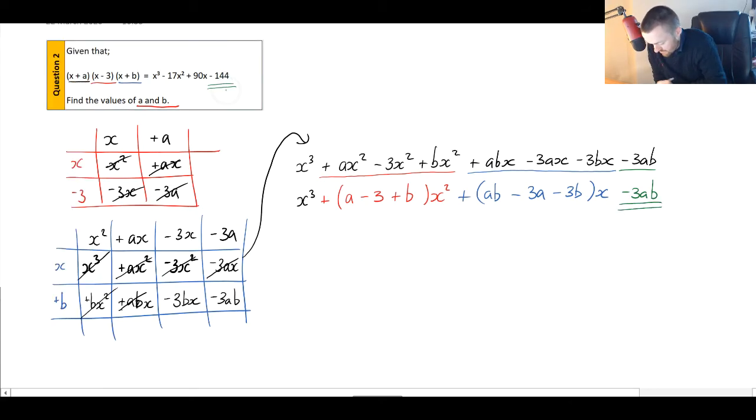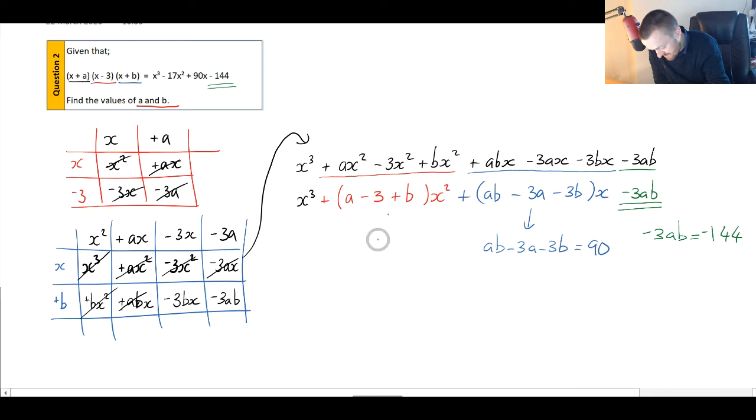Now, if I zoomed right out, I know that this bit has to equal the negative 144. So I know, let's write that down here, negative 3ab has to equal negative 144. I also know that this bit here, ab minus 3a minus 3b, has to equal the coefficient, the number in front of the x, which in this case is 90.